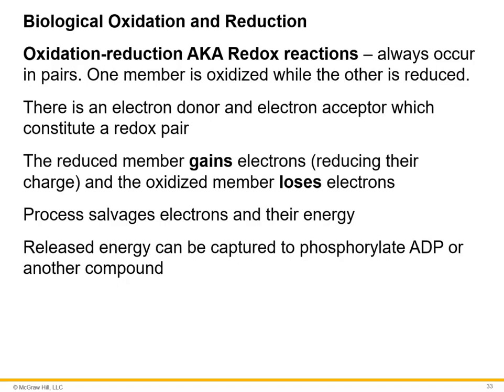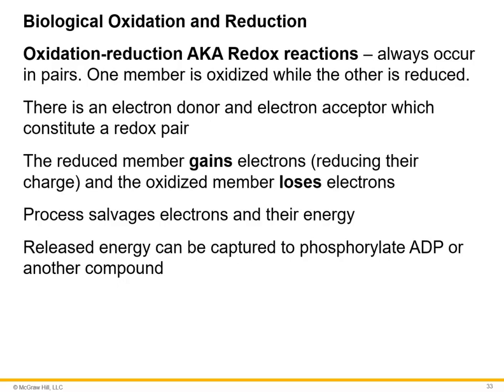How do you remember this? Well, the way they named this is when they say reduce, they're talking about reducing the molecule's overall charge. So let's say you have a molecule that has a +1 charge. It undergoes a redox reaction, and now it's neutral. Has it lost or gained electrons? Well, the charge went from +1 to neutral, so we know it gained a -1 charge. It gained an electron.